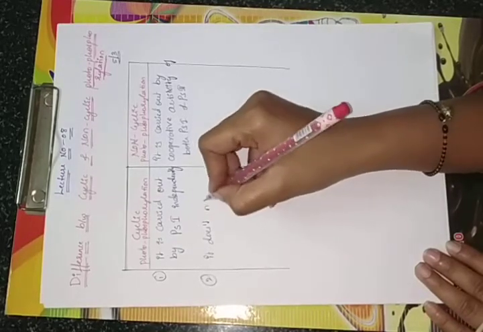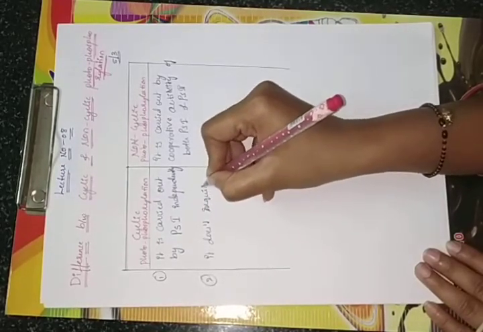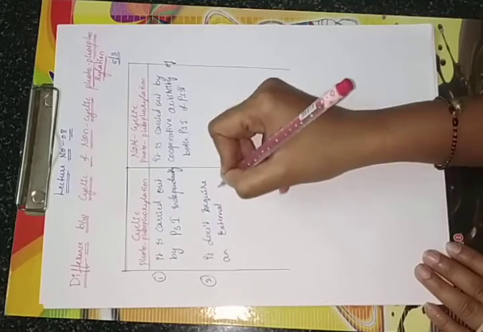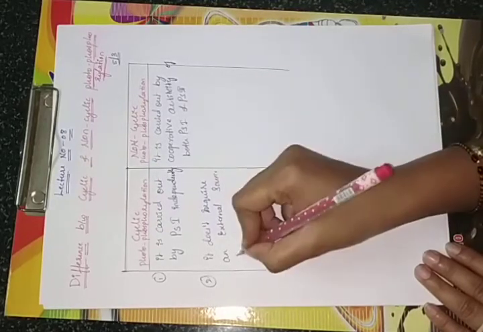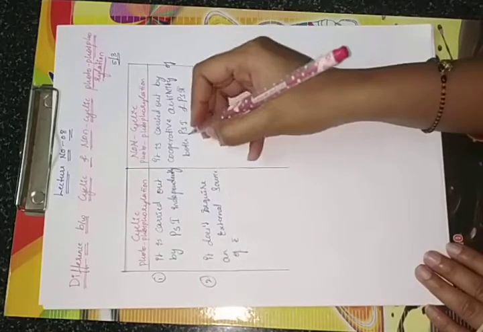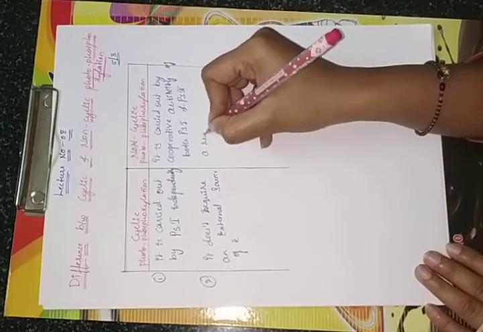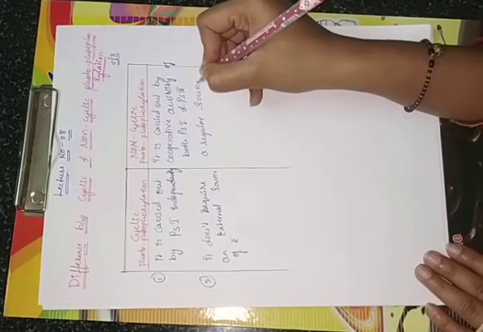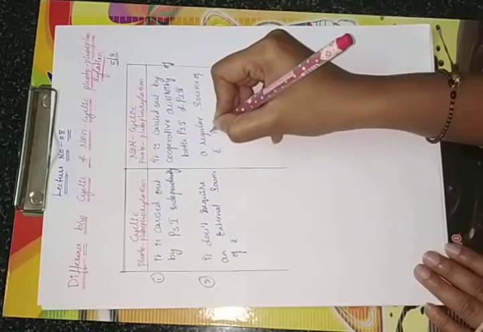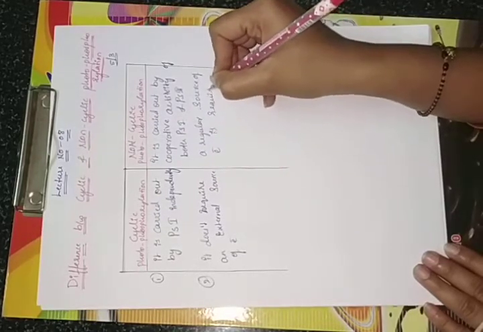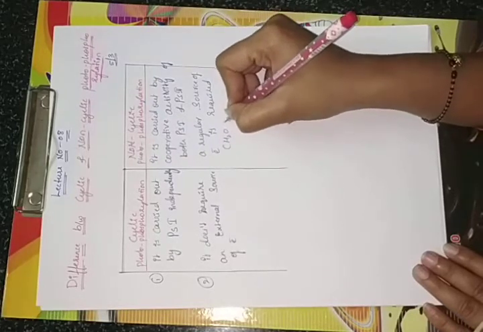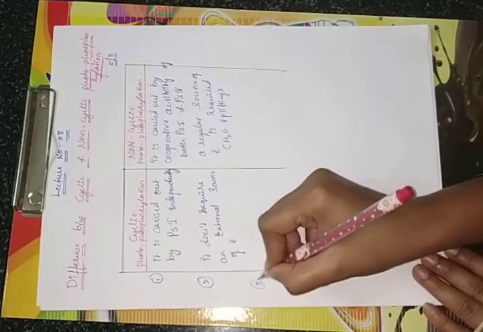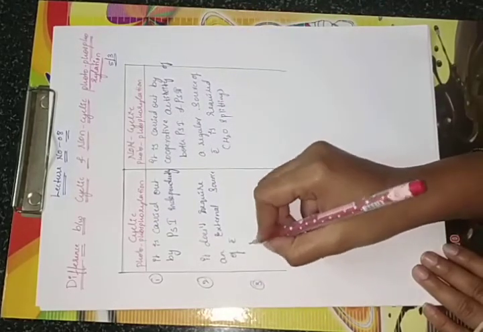It does not require any external source of electron. In non-cyclic, a regular source of electron is required, and that will be fulfilled by the water splitting process.